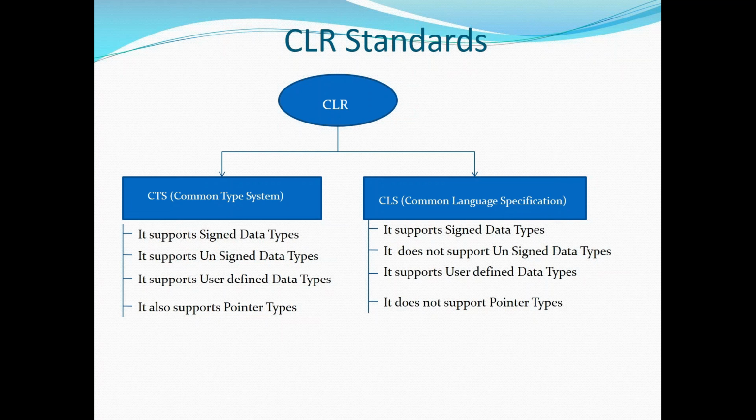Not only C# and VB.NET, all 4 .NET languages support CTS standards. They support every data type. So our C# comes under the CTS category. But do remember that in the future, if you want to integrate any programming language with your .NET framework, it should satisfy a minimum of CLS standards. Any questions, guys?